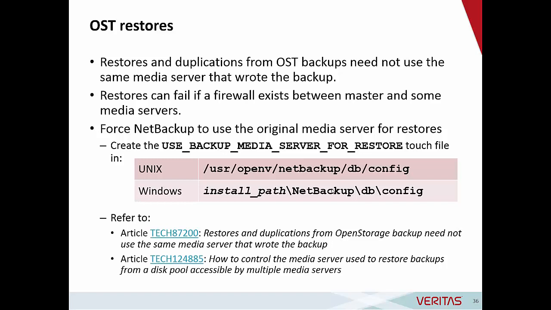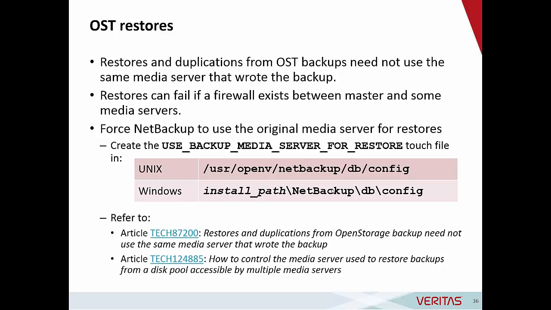It's actually not true with any kind of disk pool, Veritas or another vendor. Anytime you have multiple media servers associated with a disk pool, when it's time to do a restore, NetBackup will do a load balancing algorithm, find the media server with the lightest load, and assign that media server to do the restore. And NetBackup thinks it's being helpful by doing this. It'll give you the best performance. And in many cases, it's a handy functionality.